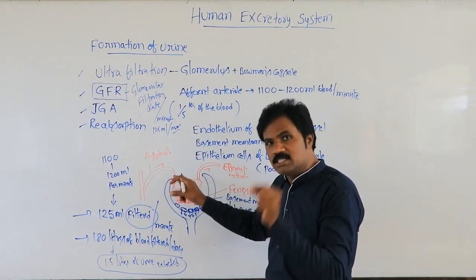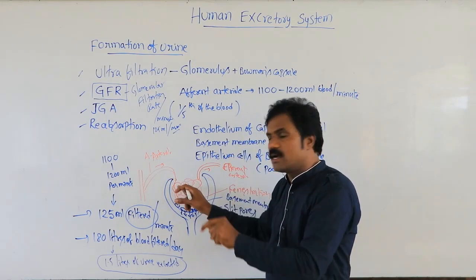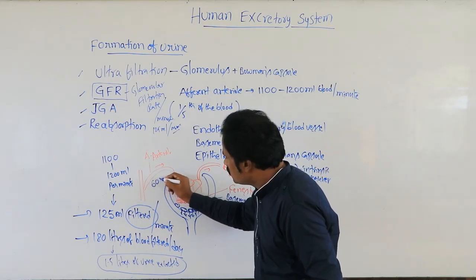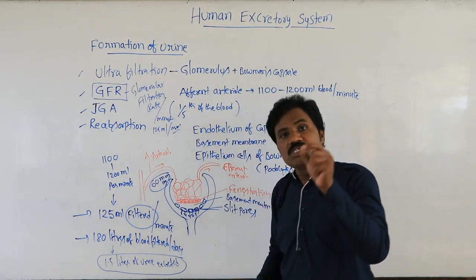Afferent means incoming towards the glomerulus. Here, how much pressure is created among these 1200 ml of blood? The blood pressure in the afferent arteriole is 60 mmHg.